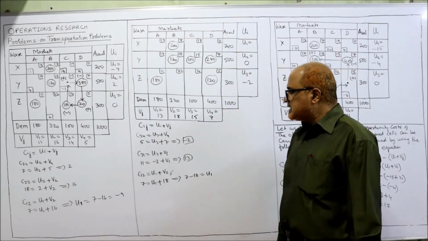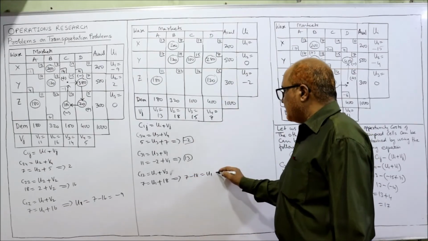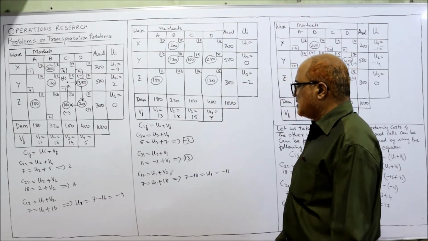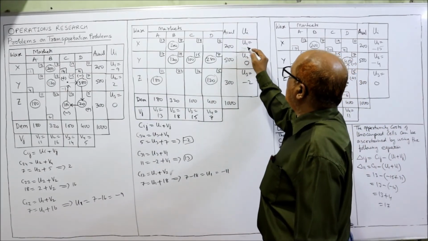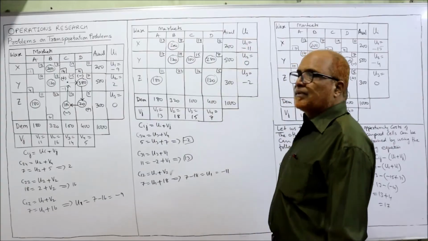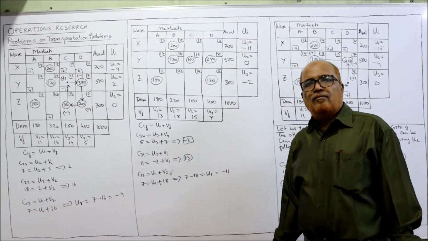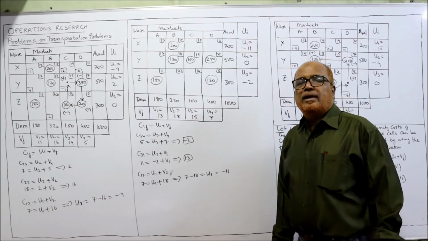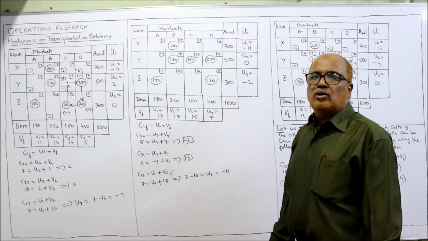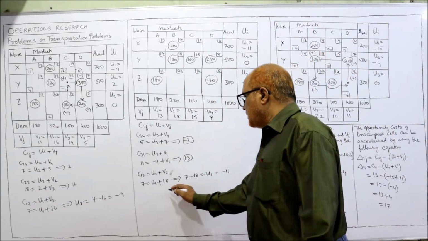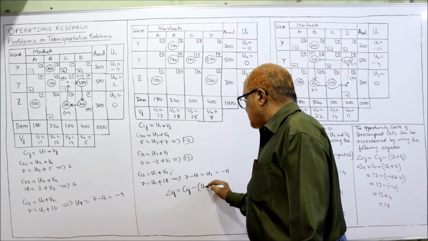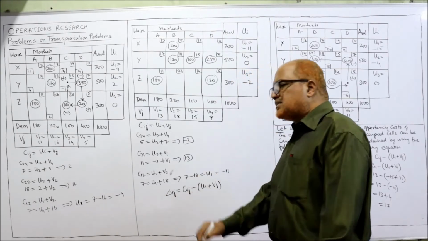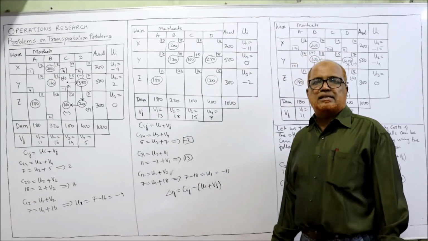So 7 minus 18 is minus 11. So we got u1 value minus 11. That's all. We got all the ui and vj values. Now we can easily calculate the opportunity cost delta ij. Delta ij is equal to Cij minus (ui plus vj) as usual for unoccupied cells.